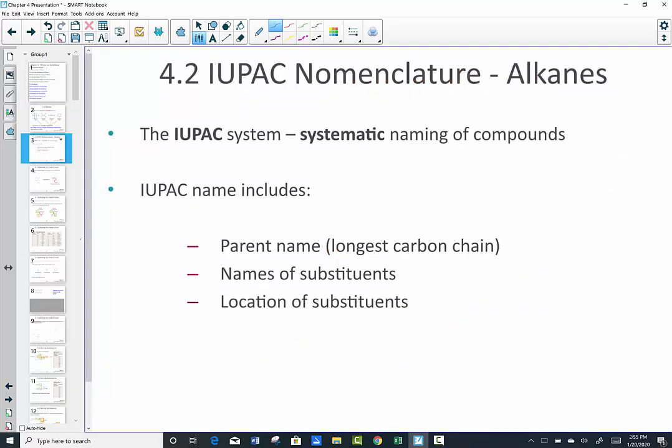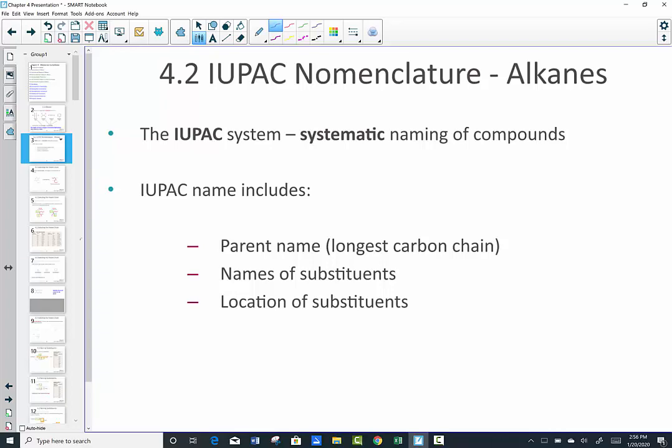When we think about the systematic way of naming alkanes, it relies on the IUPAC system, the International Union of Pure and Applied Chemistry, and kind of looking at the step-by-step way to name an alkane. We find the longest carbon chain and make that the parent name.